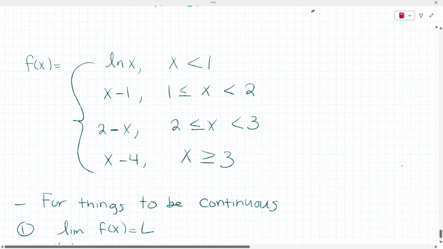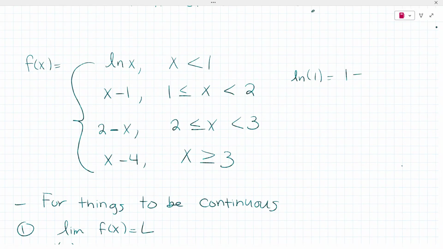We have ln of x where x is less than 1, and then the other one is x minus 1 where x is between 1 and 2. They both have 1 in common. What we're going to do is plug in 1 into both equations. So it would be ln of 1, and does that equal the second equation where x is 1, so 1 minus 1? ln of 1 is 0, and 1 minus 1 is 0.